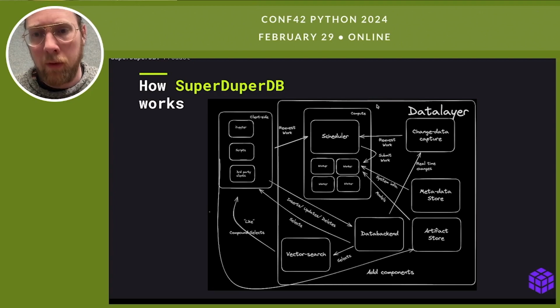So our various components. So the principal component is the data backend, which corresponds to your traditional database. And we also have a metadata store and artifact store. So these are for saving information about models and actually saving model data.